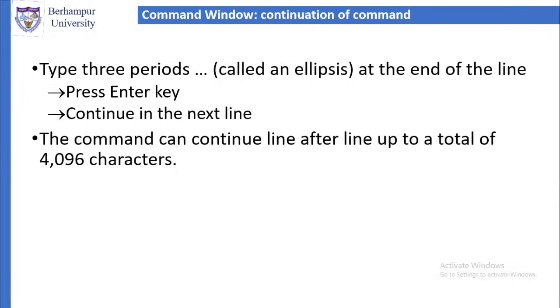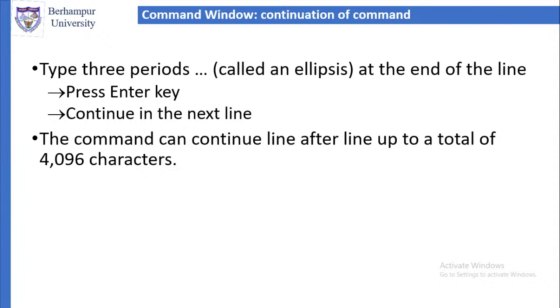Suppose you are writing a command which is very large, or you are writing a list of commands which is large. It may not fit in your screen. In that case, you have to write 3 periods. As you approach the end of the screen, or the middle of the screen, I write 3 periods, which we also call an ellipsis in English.